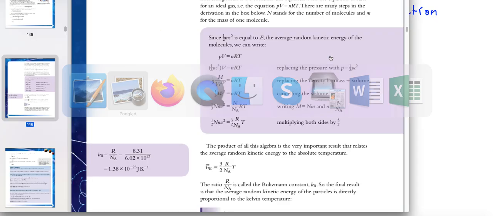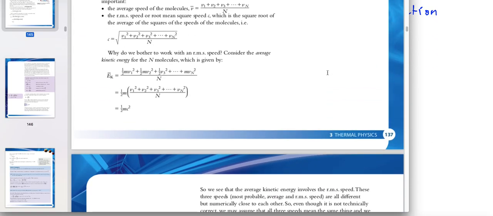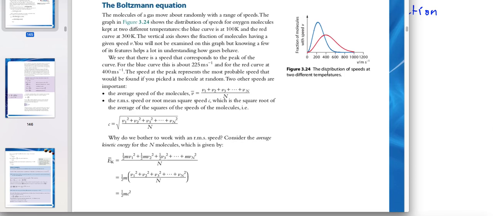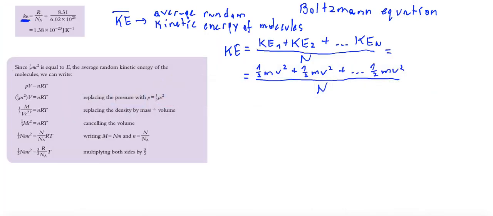Okay, but let's look. In your Tsokos, you have something like a distribution of speed. So what does it mean? It means that each molecule can travel with a little bit different speed. We are talking about average speed, but it doesn't mean that all molecules travel with exactly the same speeds.